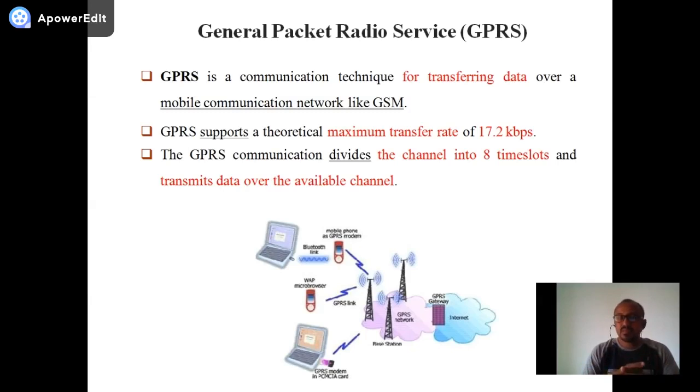GPRS supports a theoretical maximum data transfer rate of 17.2 kbps. GPRS communication divides the channel into 8 time slots and transmits the data over the available channels.